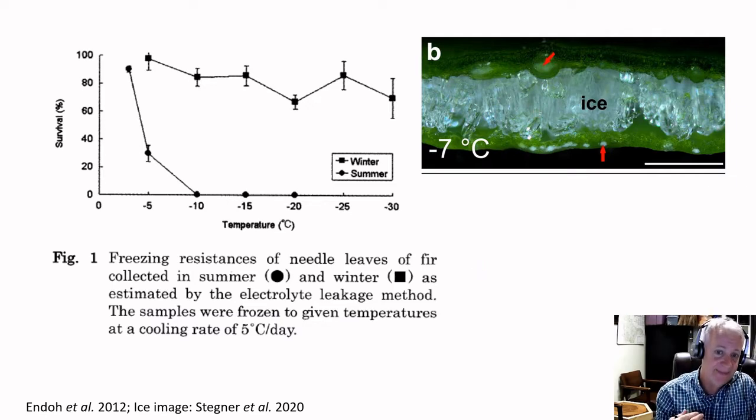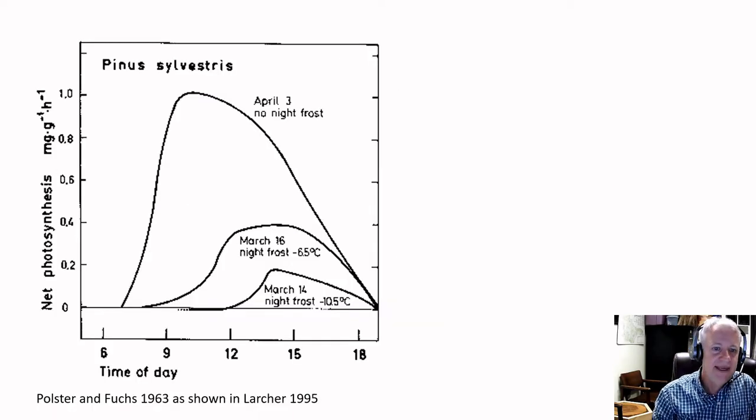So there's less damage to the photosynthetic machinery. Now this graph shows what happens. This is in Scotch pine, and it shows net photosynthesis throughout the day. This is time of day.